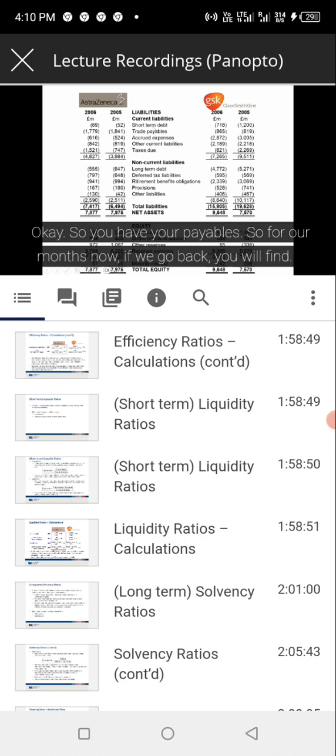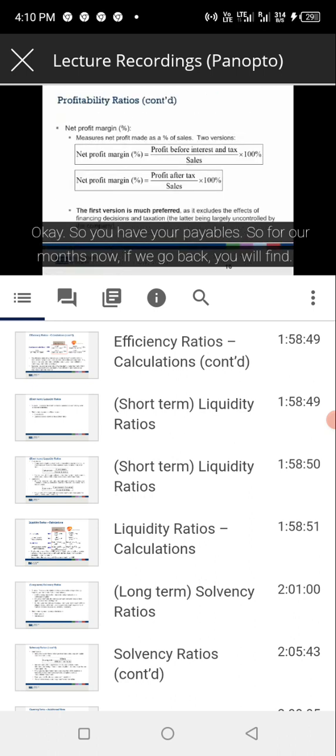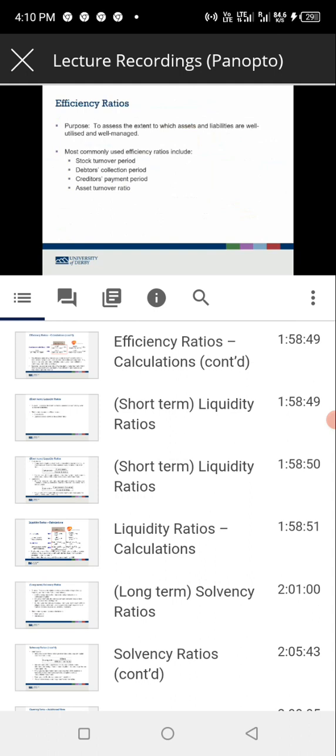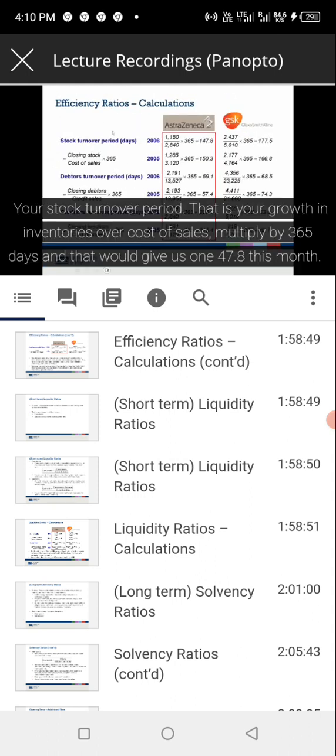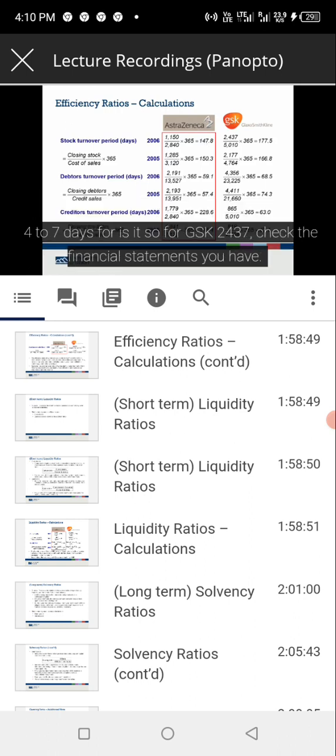So for our calculations now, if we go back, you will find your stock turnover period, that is your closing inventories over cost of sales, multiplied by 365 days. And that will give us 147.8 days. 147 days for AZ.